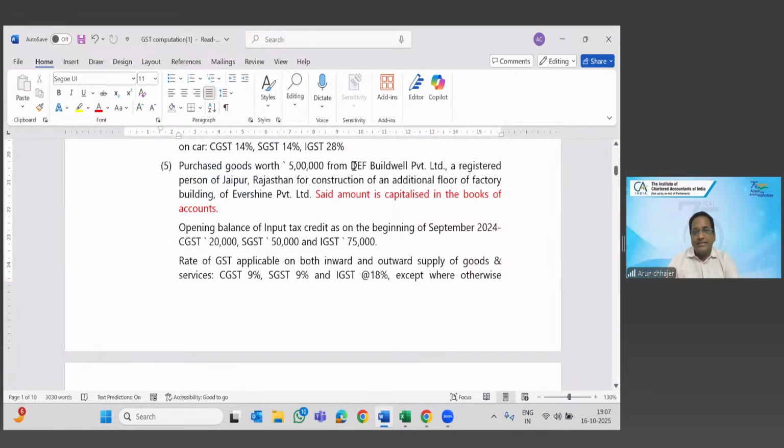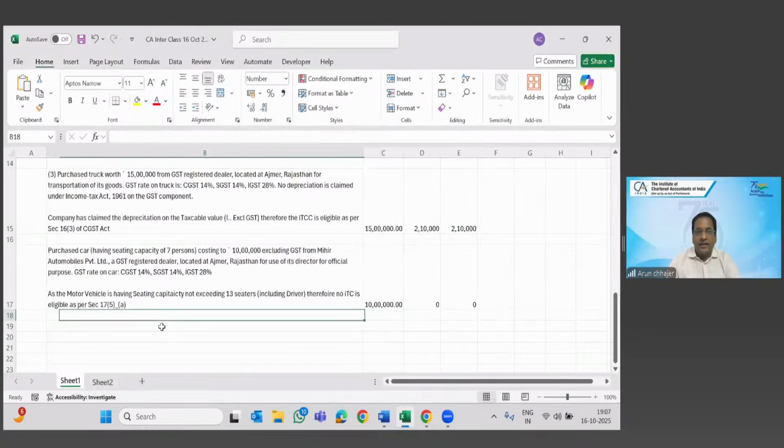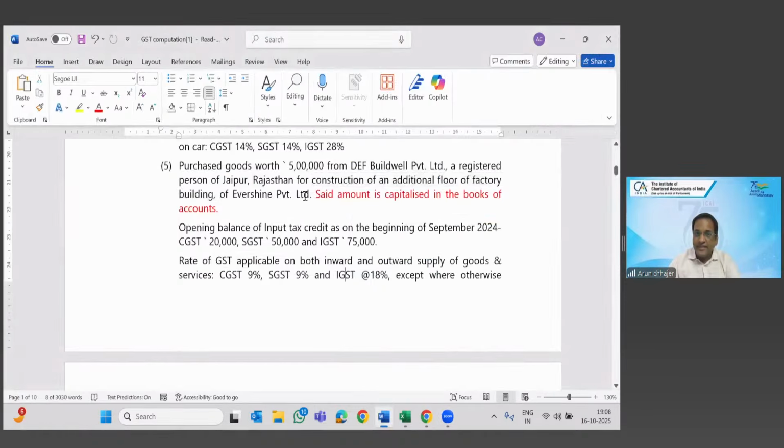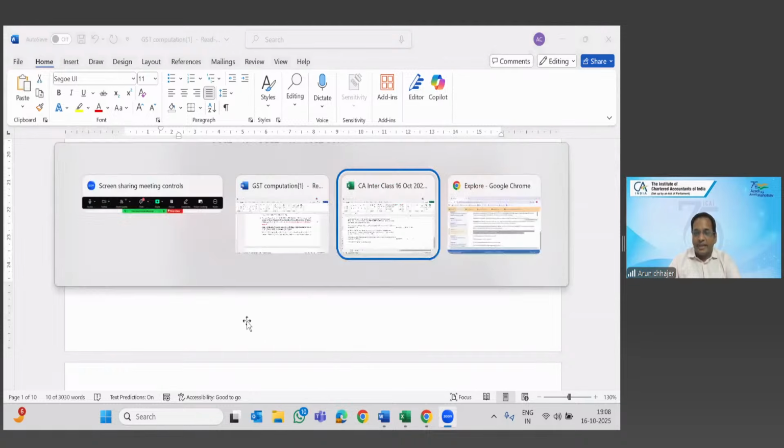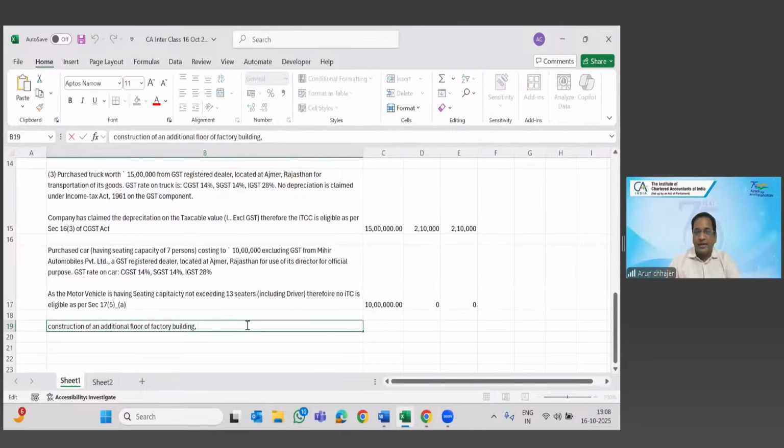I can simply say that the construction of the additional floor of the factory building, because this amount is being capitalized, therefore ITC is not available.